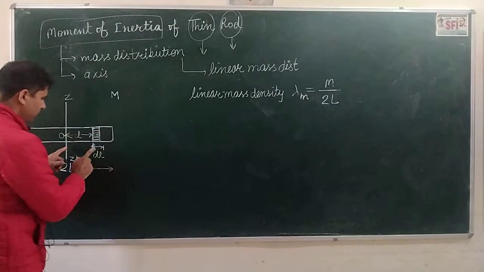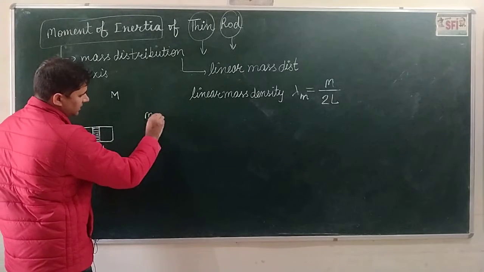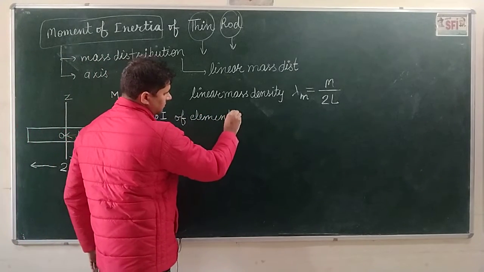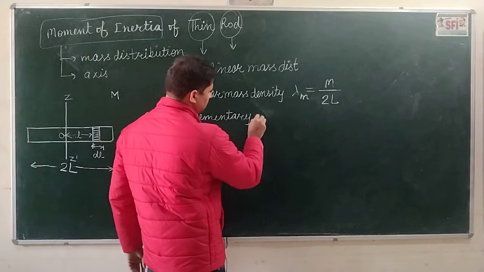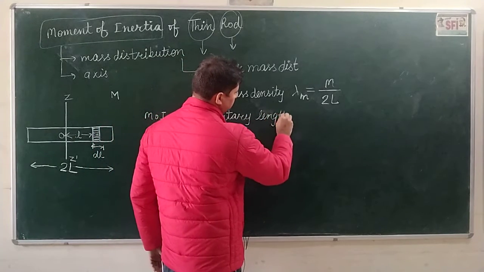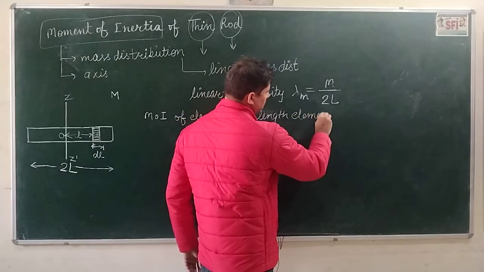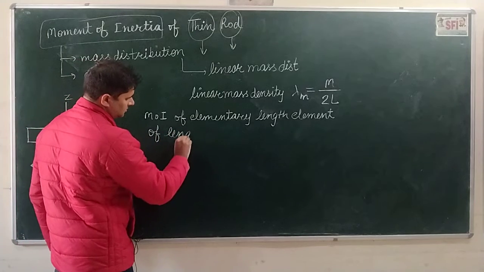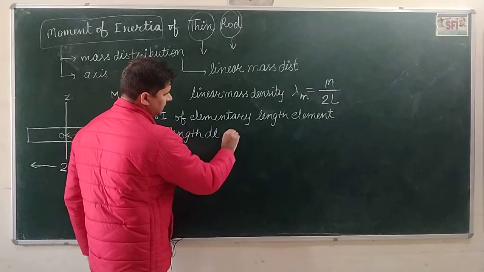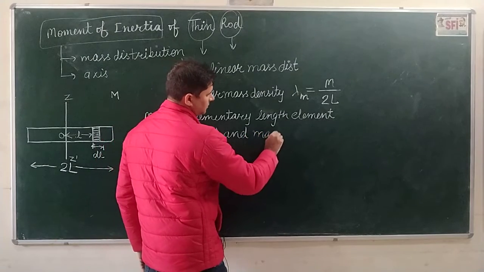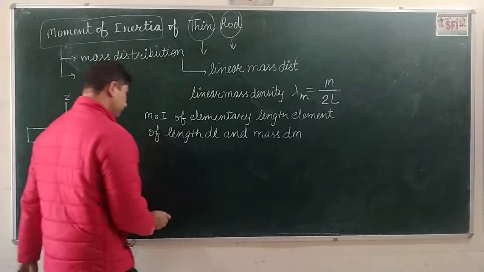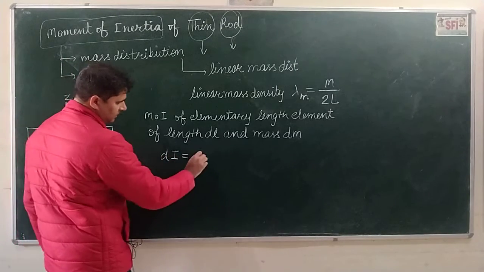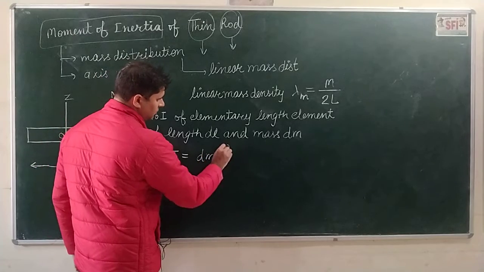Then the moment of inertia of an elementary length element of length dl and mass dm, let us represent it by dI, will be dm into l square.